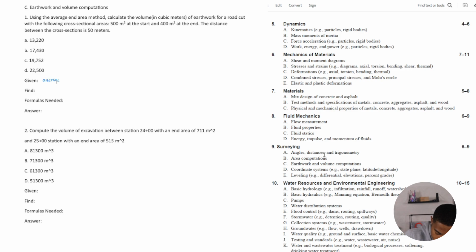Average end area method. That's what method they want us to use.